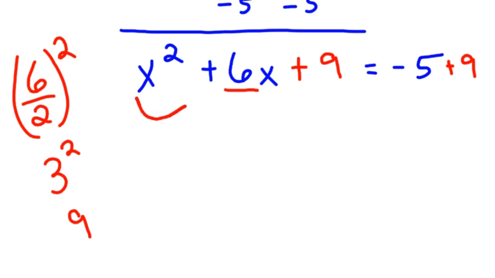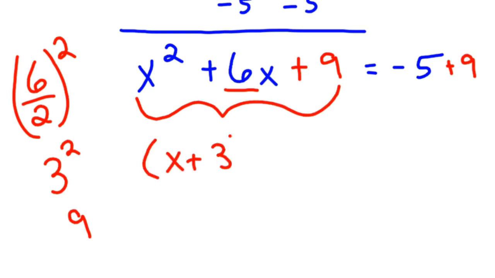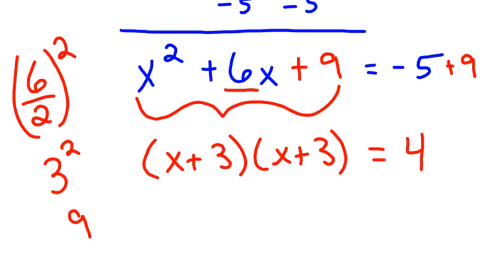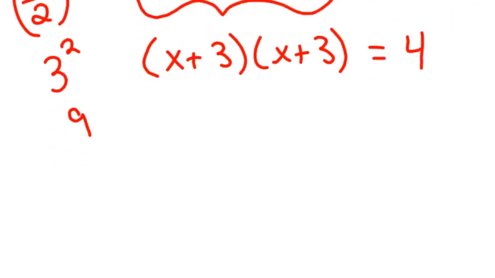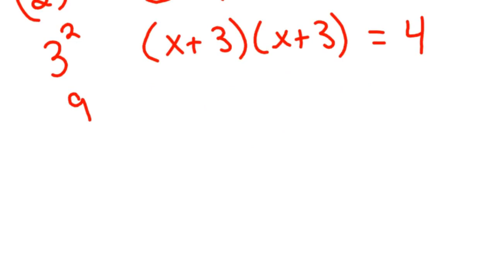Well, you'll notice here on the left, that factors into x plus 3, x plus 3. And on the right, negative 5 plus 9 is 4. And so if you go ahead and combine, x plus 3 times x plus 3 is actually x plus 3 squared equals 4.